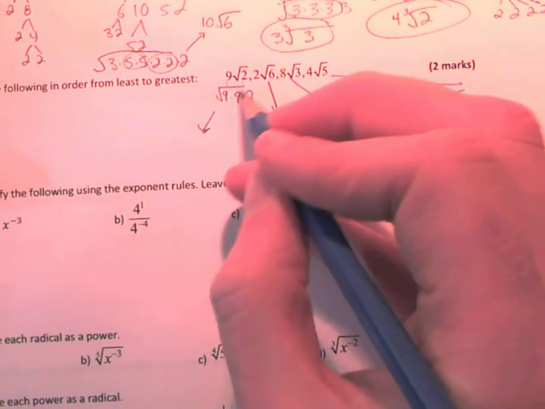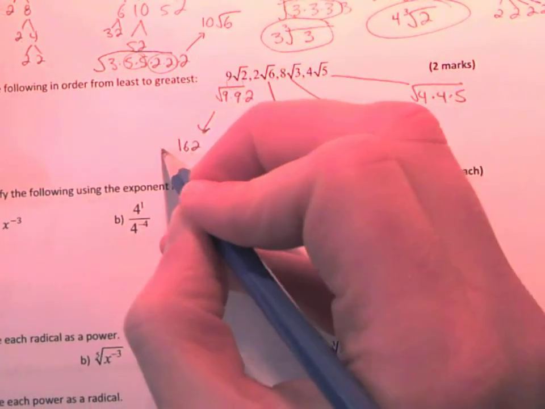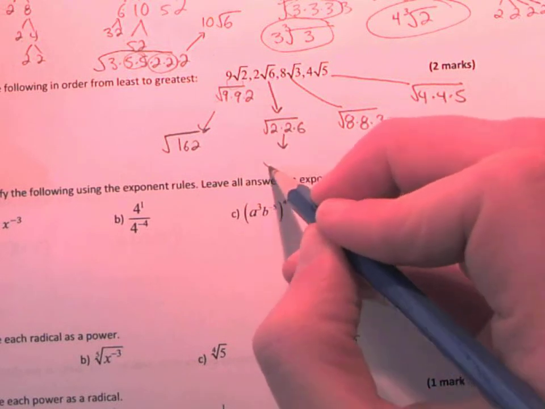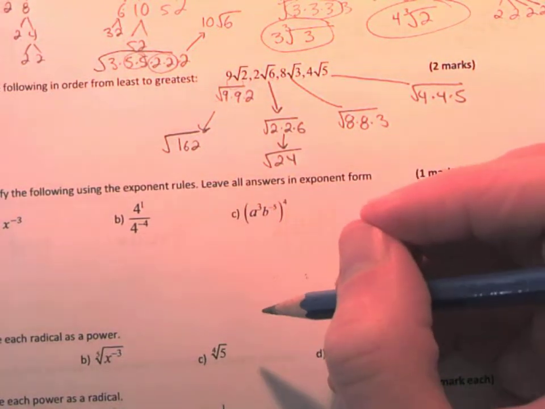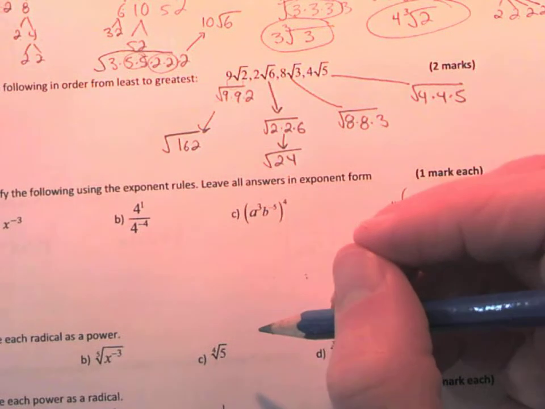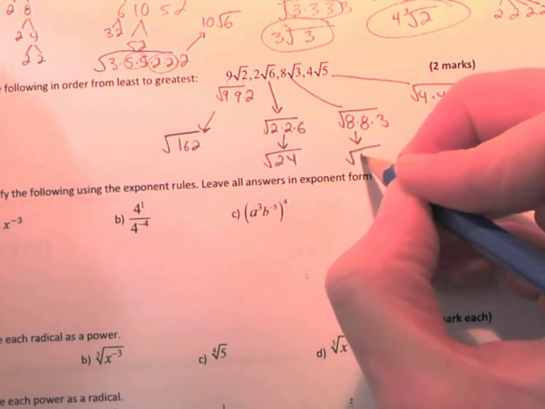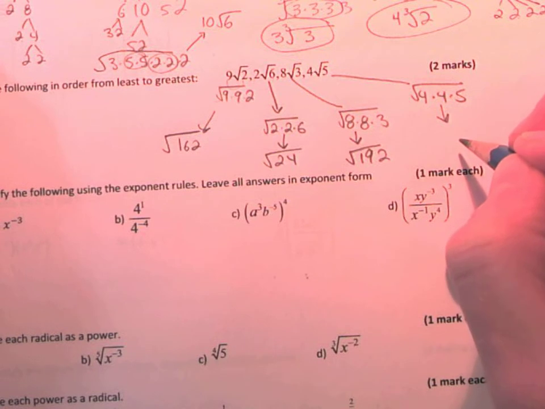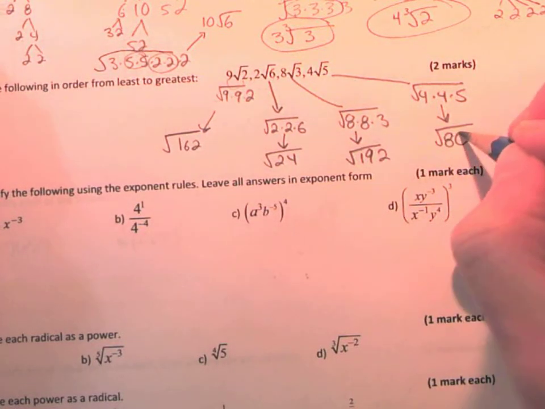So this ends up going to be 81 times 2, which is 162. This one is 4 times 6, 24. This one's 64 times 3, so 192. And then this one is 16 times 5, so 80.